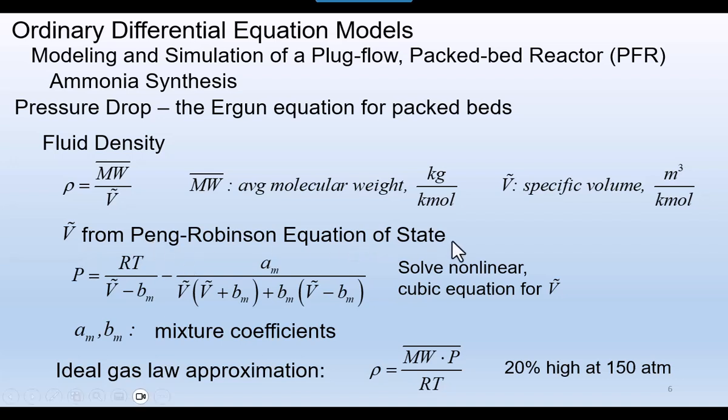And a common one here is the Peng-Robinson equation of state, which is a cubic equation of state, which is denoted here, where you have mixture coefficients, A and B, all right, and then you have specific volume, gas law constant, and temperature and pressure. And so if we have the A and B coefficients and we are given conditions of temperature and pressure, we can solve this equation numerically for the specific volume, and then that goes in here to determine the density.